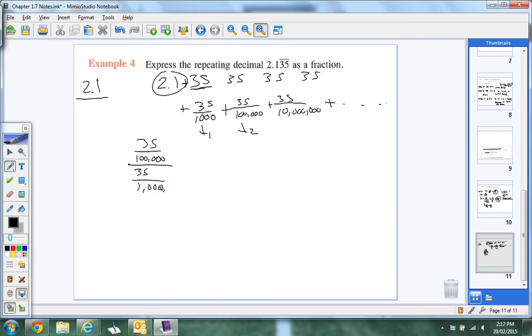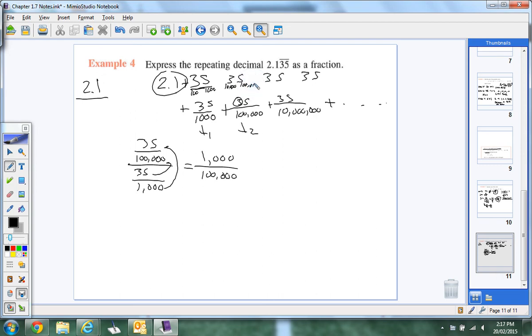Remember, when you divide fractions, this goes to the top, this goes to the bottom. Essentially, the 35s cancel. You're getting 1,000 over 100,000. The thousandths place is here: tenths, hundredths, thousandths, 10,000ths, 100,000ths.